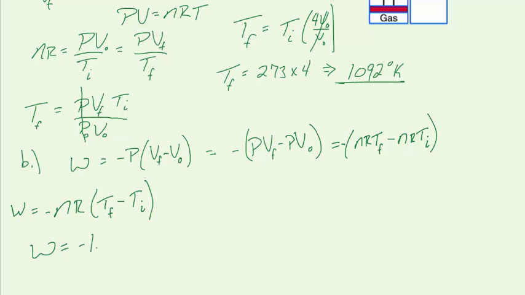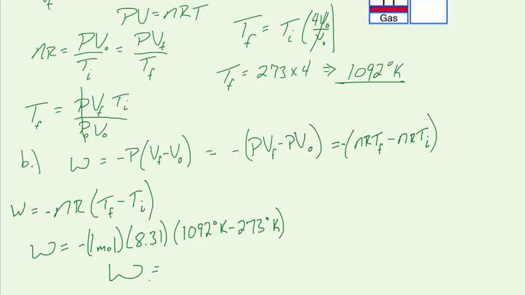So we're given that we have 1 mole of gas multiplied by our universal gas constant of 8.31 times our final temperature of 1092 degrees Kelvin minus 273 degrees Kelvin, which will give us a value of work performed equal to negative 6.81 kilojoules of work performed on the gas.